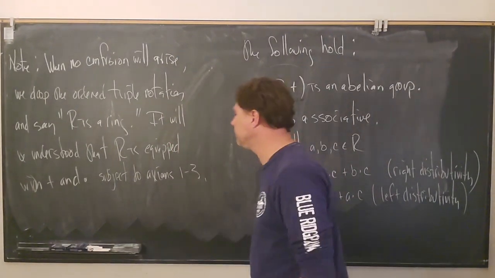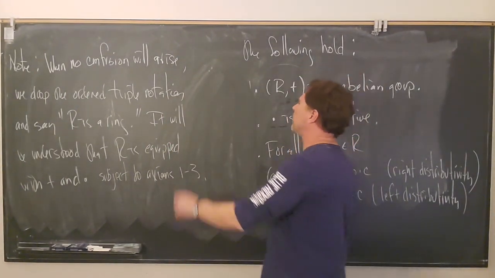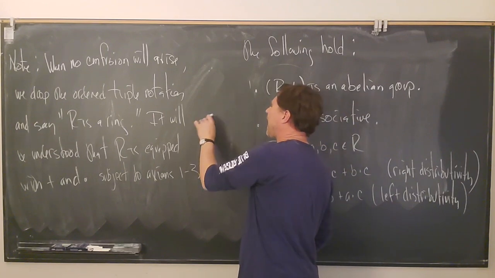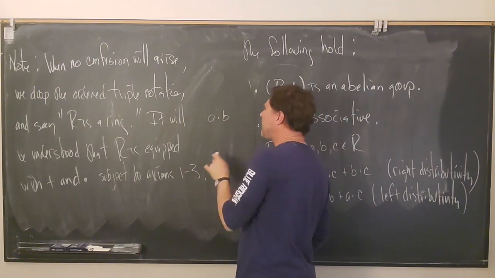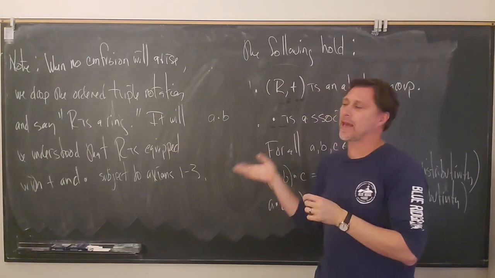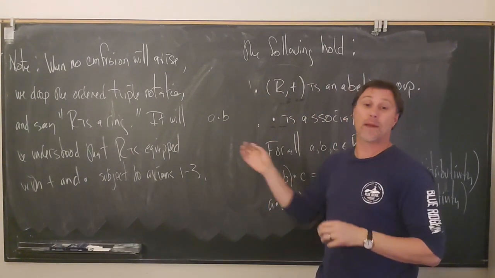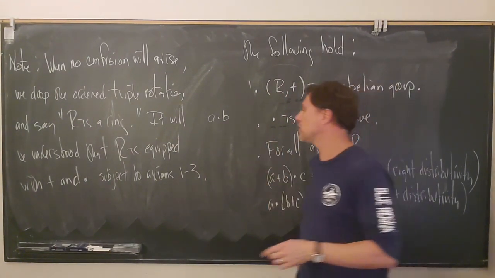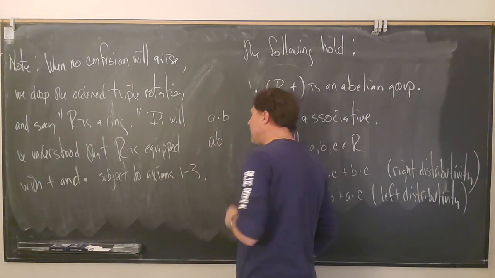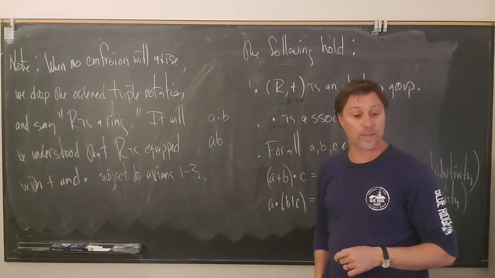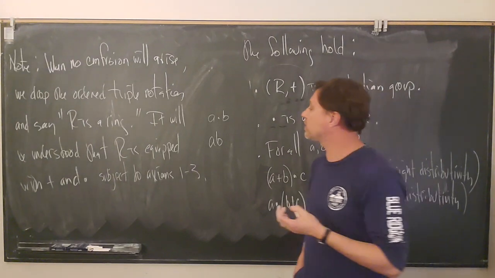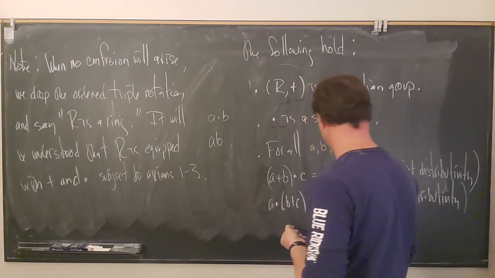Also, just as when we were working with a group, unless we absolutely had to, we didn't write a dot b. If we had a couple of different operations running around and wanted to keep them separate, maybe we use some symbols. But typically, for multiplication, we just use juxtaposition. That's the standard thing to do when working with rings.